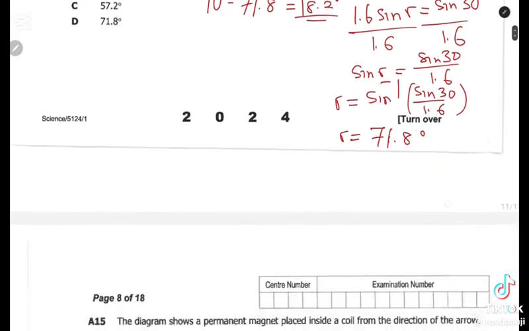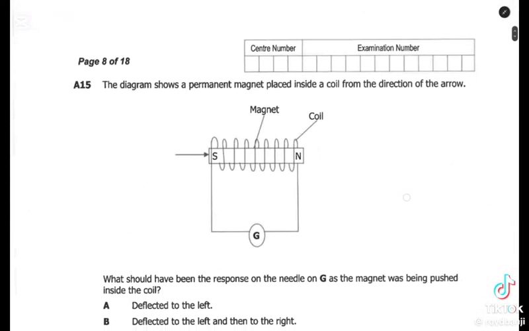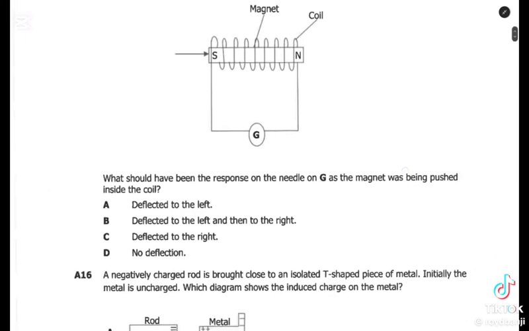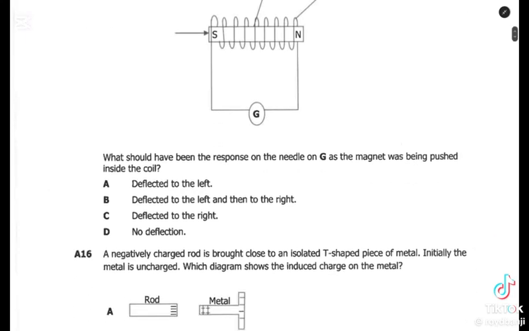All right, question 15. The diagram shows the permanent magnet placed inside the coil from the direction of the arrow. What should have been the response of the needle on G as the magnet was being pushed into the coil?